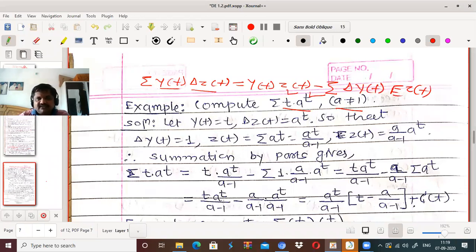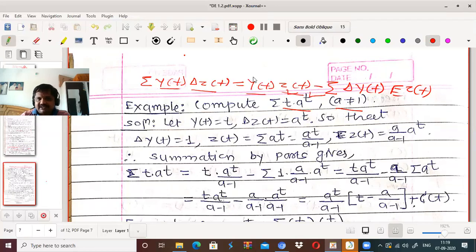First function as it is, summation of second function. What is meant by zt? Zt is a summation of delta zt. So first function as it is, summation of delta zt, minus the summation of delta of first function into shift of summation of second function. What was integration by parts?